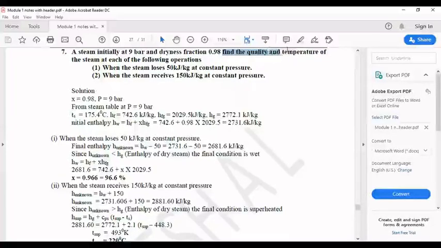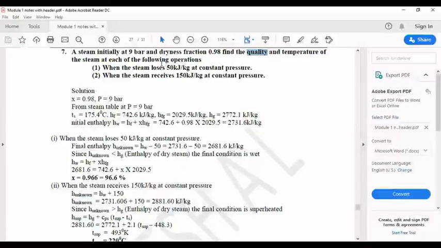Find the quality and temperature of the steam at each of the following operations. In the first question, when the steam loses 50 kilojoule per kg, what will happen to the condition of steam? That is what the question is. Quality is nothing but dryness fraction.